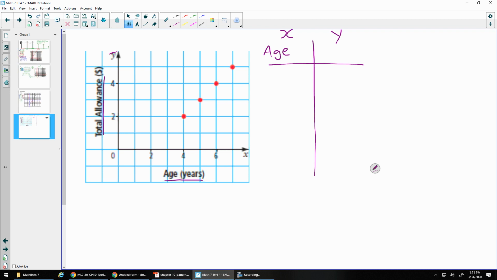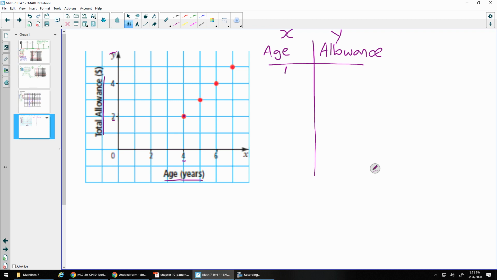So the allowance in dollars. So these are our x and our y values. And so we can see there's only some points plotted on here.